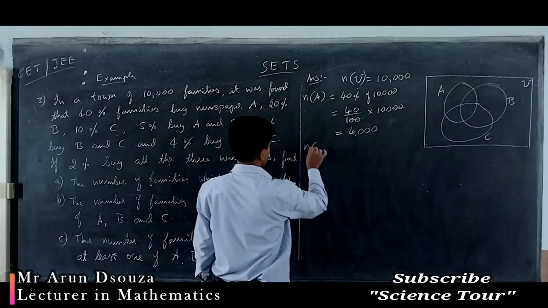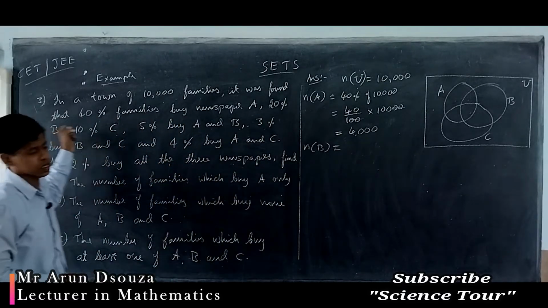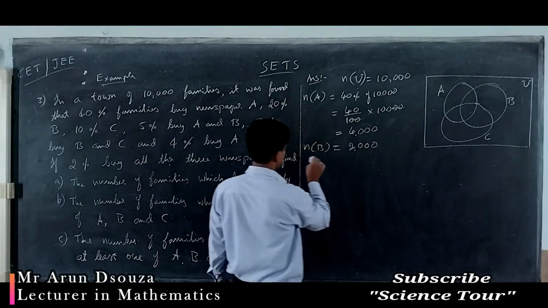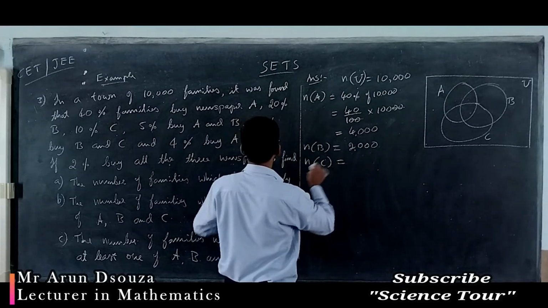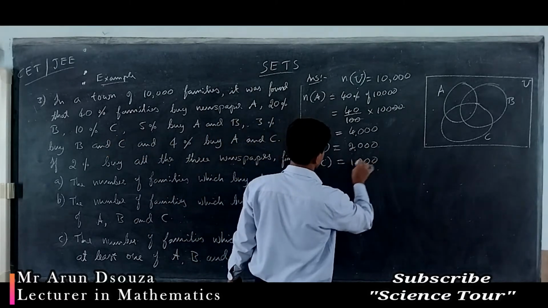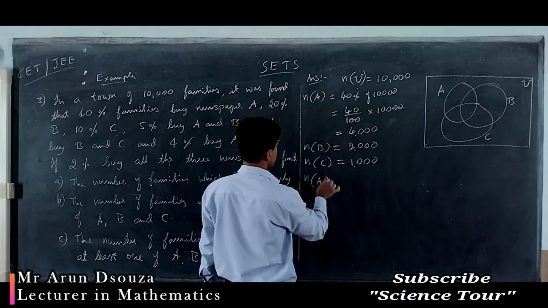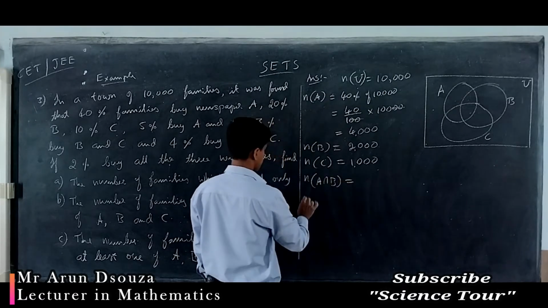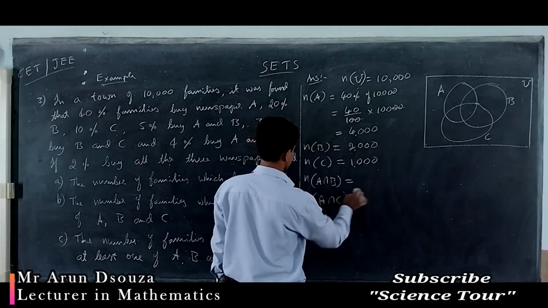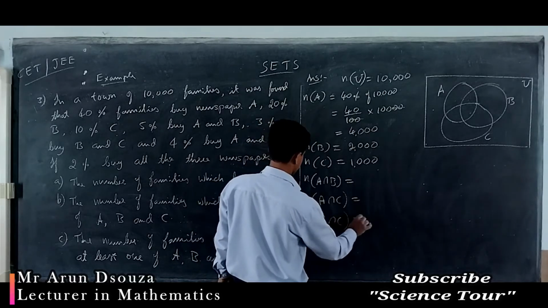Similarly, what is n of B? How many people read newspaper B? 20%. So 20% means 2,000. And n of C is 10%, 1,000. Then what is n of A intersection B, n of A intersection C and n of B intersection C?